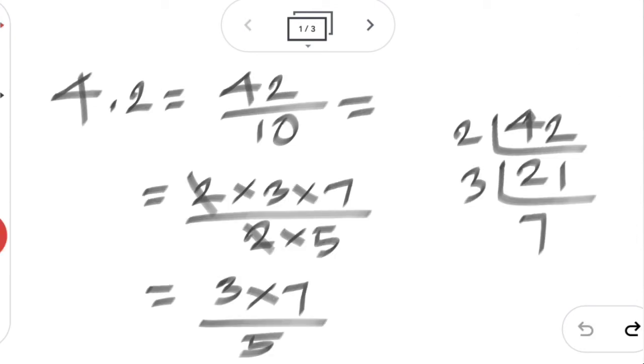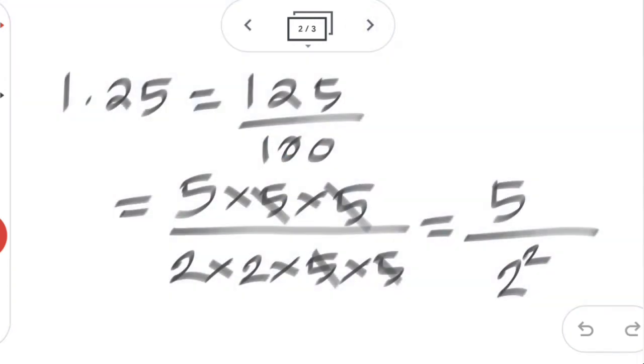Look at the first example, 4.2. The fraction form is 3 into 7 by 5. Denominator contains 5 only, the prime number 5. And in the second example, 1.25 equals 5 by 2 square.